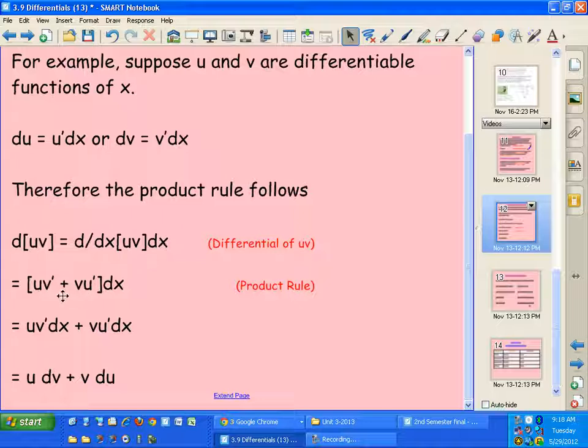So we end up with this, which is basically following the product rule, distributing it out, getting rid of the dx, and getting it in terms of dv and du. So copy this down. We can talk more about this in class, but this is basically what we're doing.